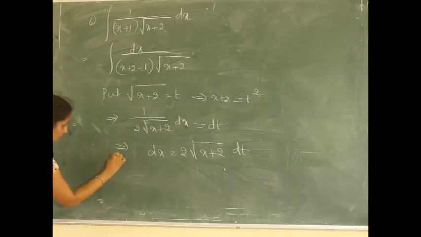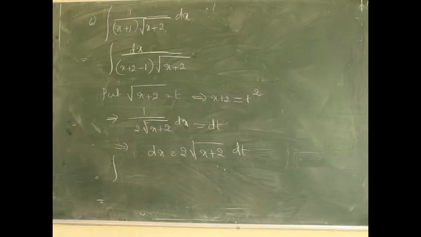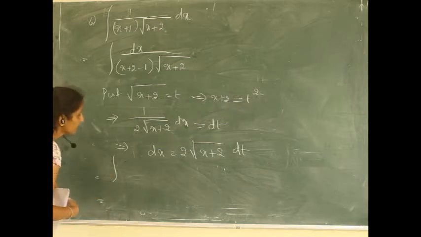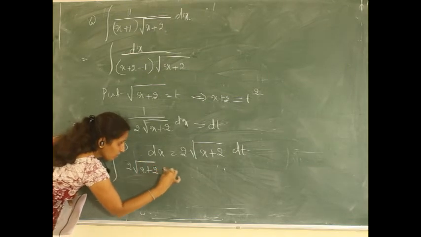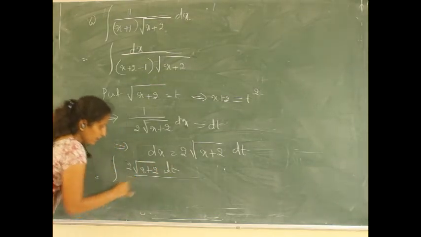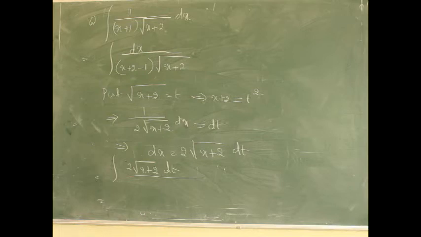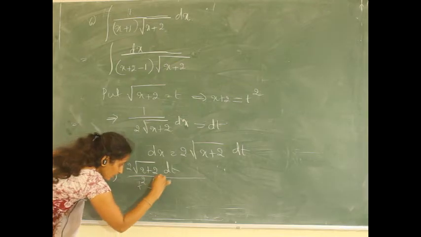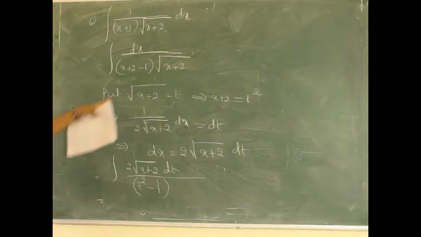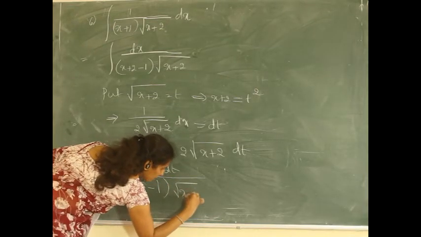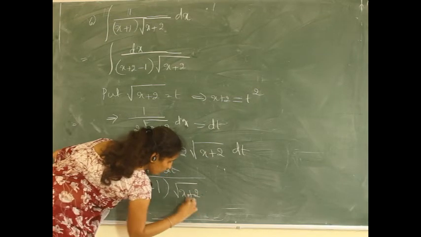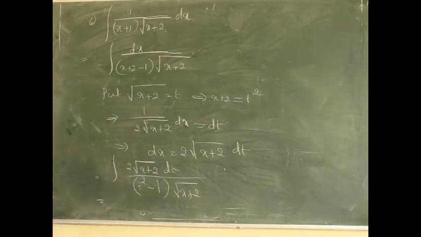What do we get? The integral of dx, which can be written as 2 root of x plus 2 dt, divided by x plus 2 minus 1, which is t square minus 1, into root x plus 2, which is t.